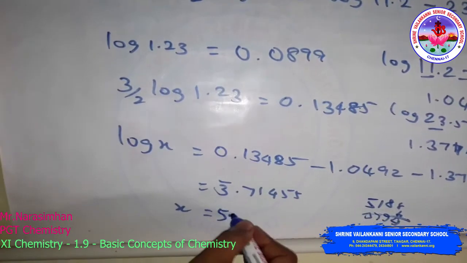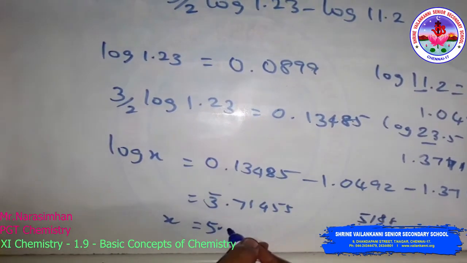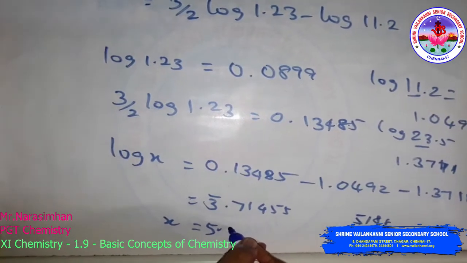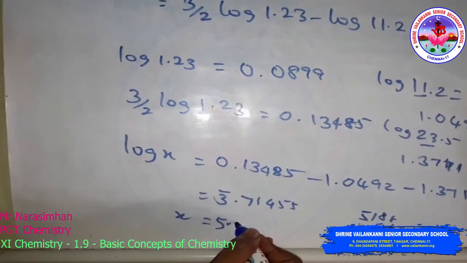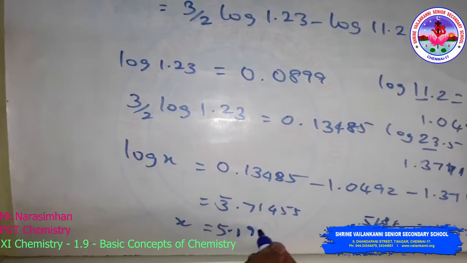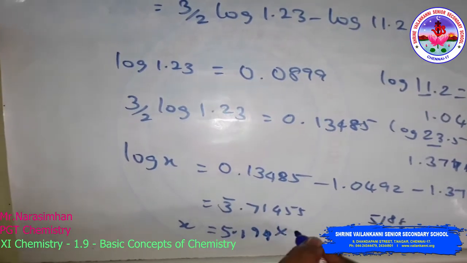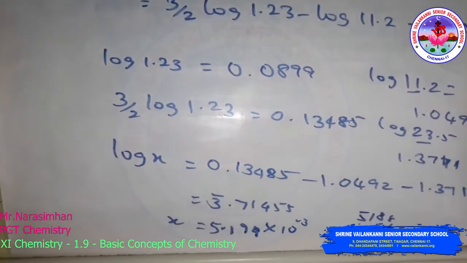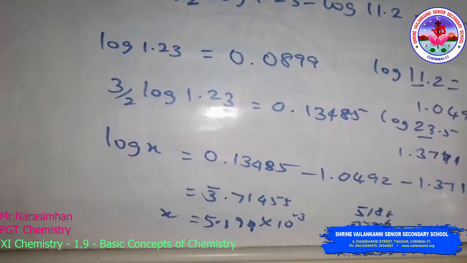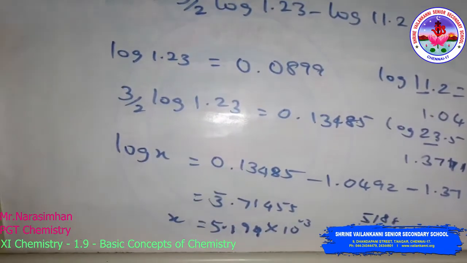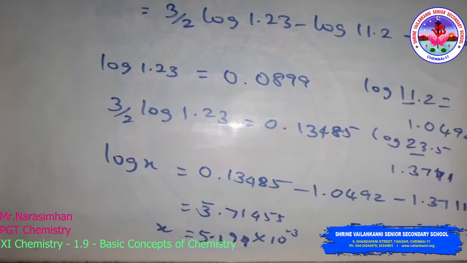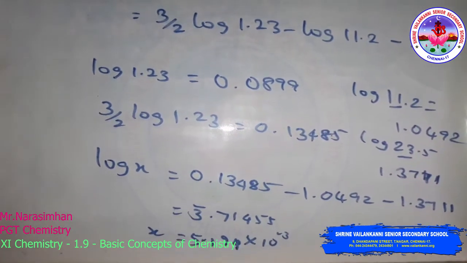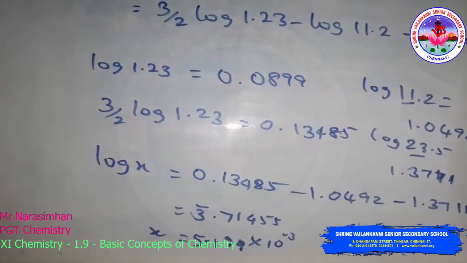So 5.194 into 10 power minus 3. So this is the value of x. So this is using the log method.